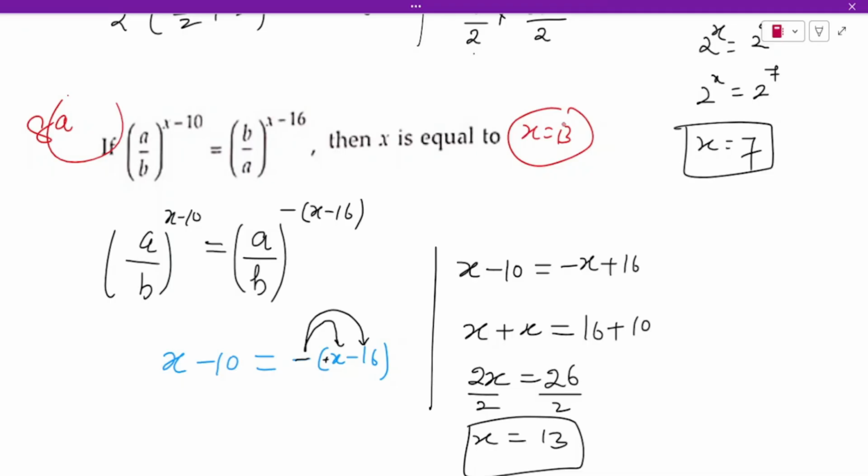The next will be based on some more questions based on all these laws of exponents that we have discussed, and then scientific notation, the standard form of a number, how we can express a very big number and a very small number. Also one more video I'll make on the basics of radicals, how we deal with exponents if they are in fractions. So some laws on radicals will also be covered in the last part.